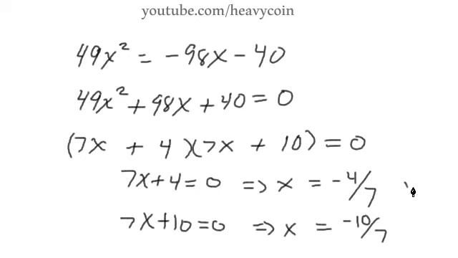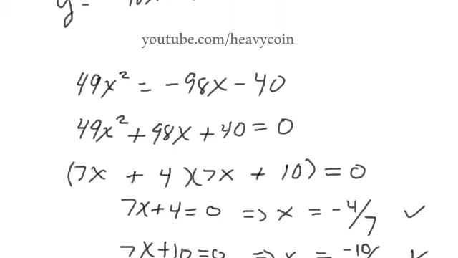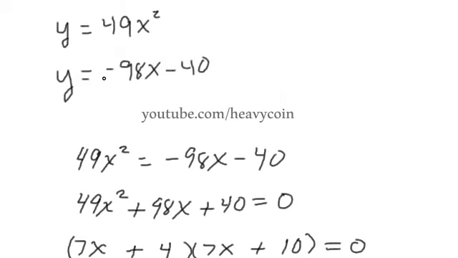So we have two x values, and we're going to take each one of those and plug those into either one of these. It doesn't matter which one we plug these into, but I'm going to plug them into the top one up here to get our y's.